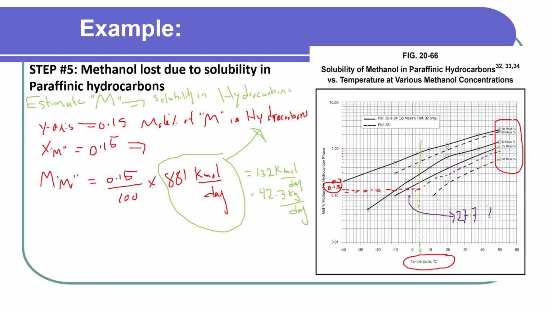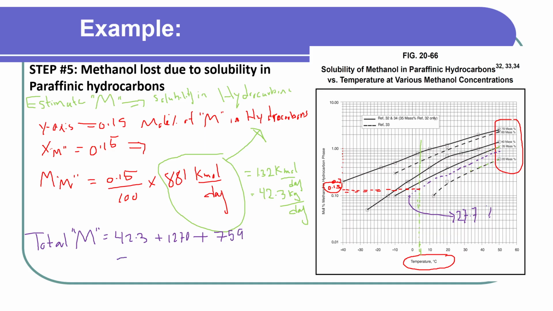So now I can simply calculate the total methanol needed. The total methanol or inhibitor needed will be equal to how much is lost in the hydrocarbons, which is 42.3, plus how much is lost to evaporation, which is 1270, plus how much I need to add originally to bind with water, which is 759.